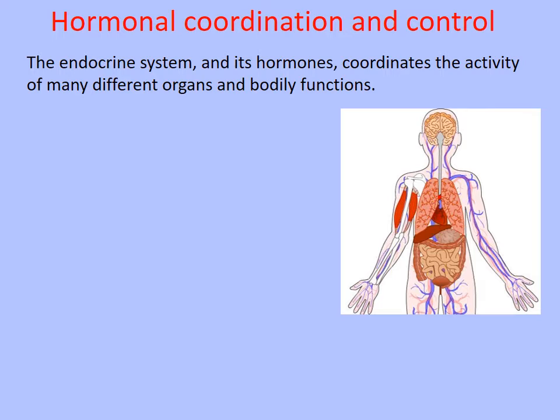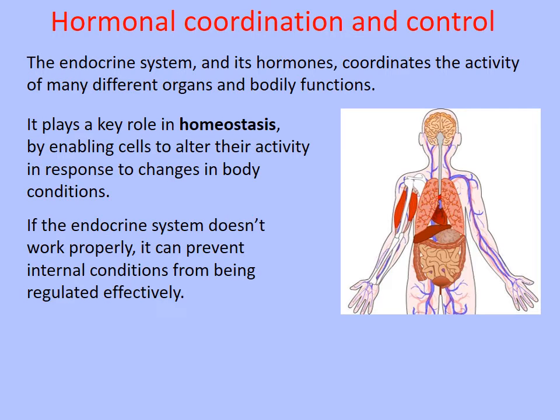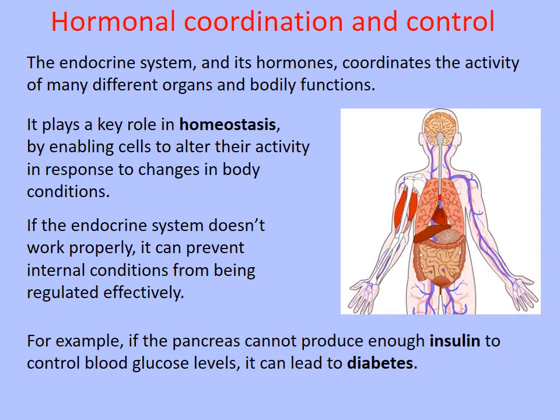The endocrine system is about homeostatic control of our body. It enables our body to respond to changes in both the internal and the external environment in order to maintain constant internal conditions. If it doesn't work properly, as we saw in those starter images, then it will prevent your conditions from being regulated effectively, and so it can lead to disorders and diseases as a consequence.